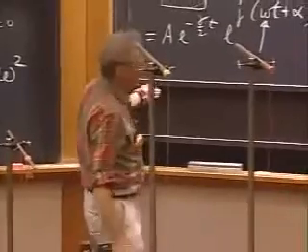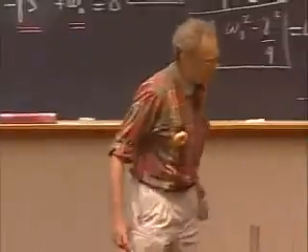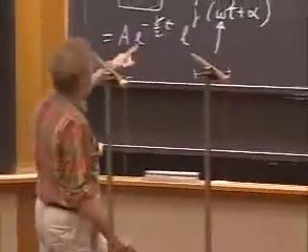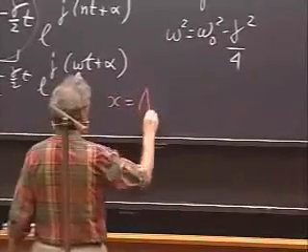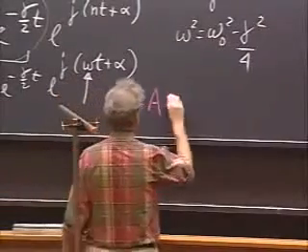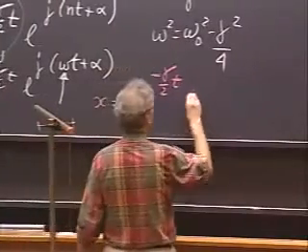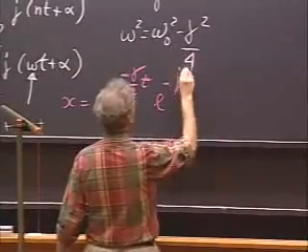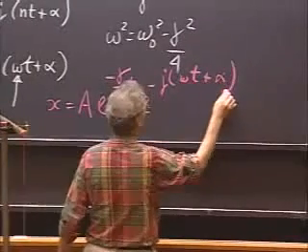And so we can now write down, in all its glory, the real part of this function, which then becomes x equals some amplitude a times e to the minus gamma over 2 times t times e to the minus j omega t plus alpha.